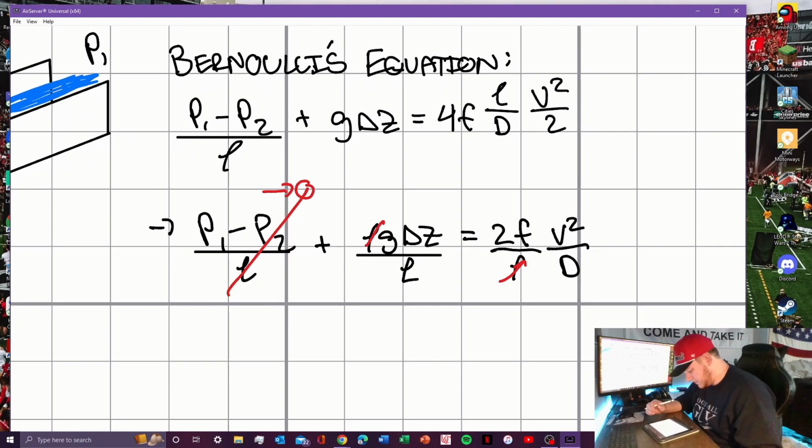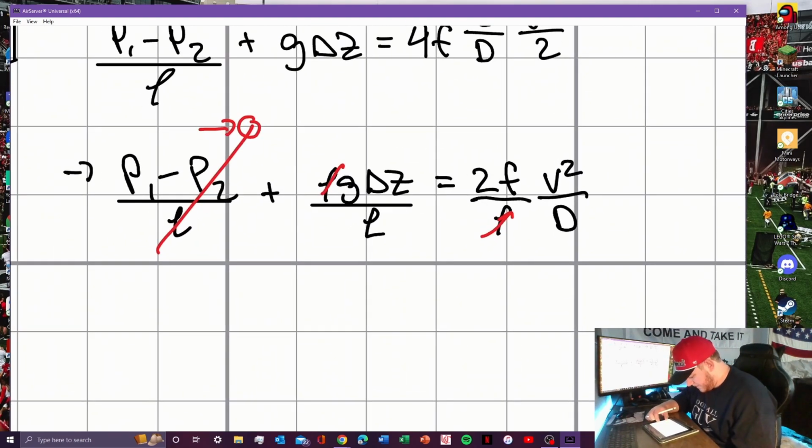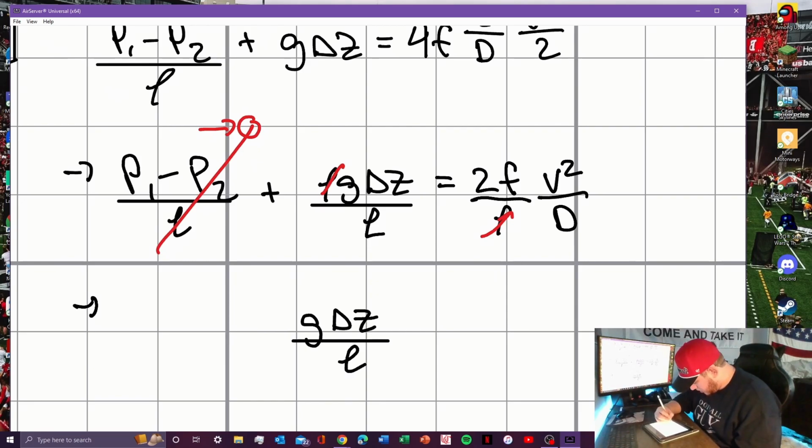That's why that term is going to 0, just because it's open to the atmosphere at all times. So then we are left with G delta Z over L equals 2F V squared over D.